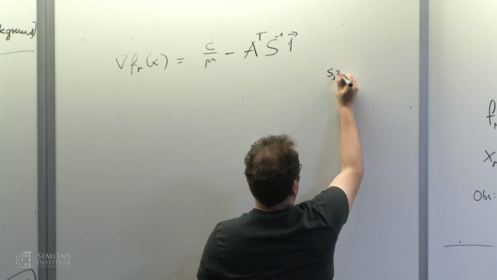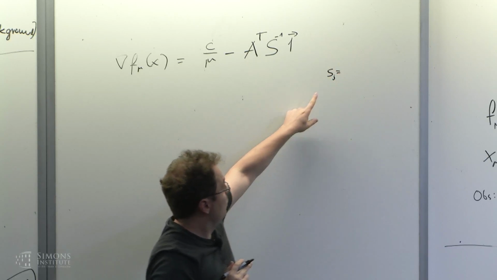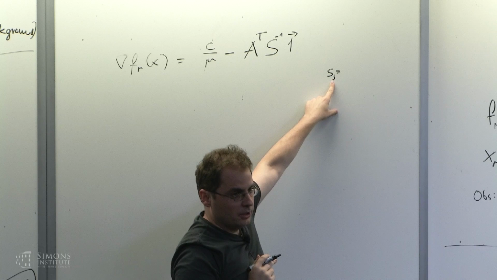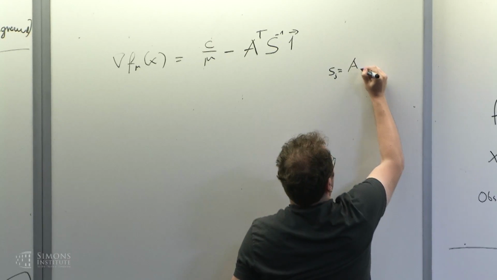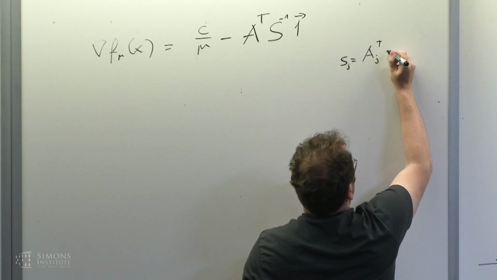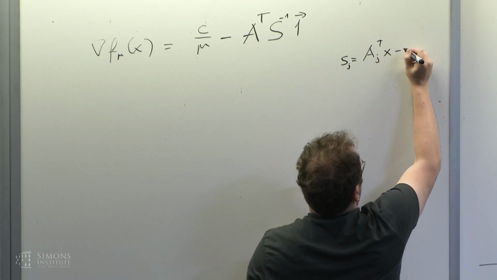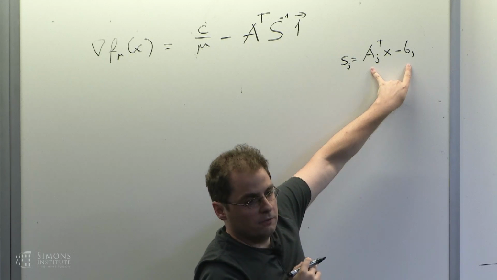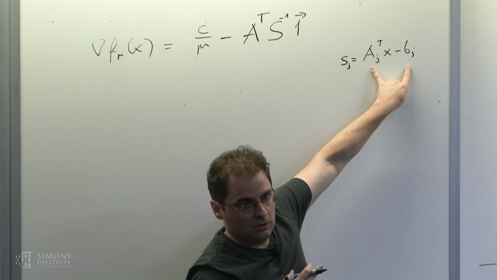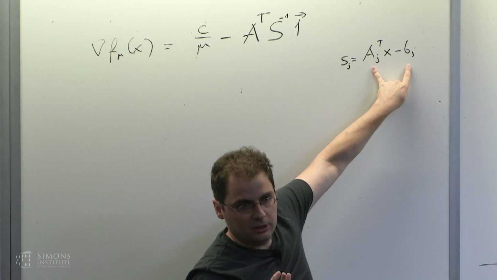For every inequality, I define the slack, which is a_j transpose x minus b_j. This says how far I am from violating the given inequality. So I have such a number for every inequality.